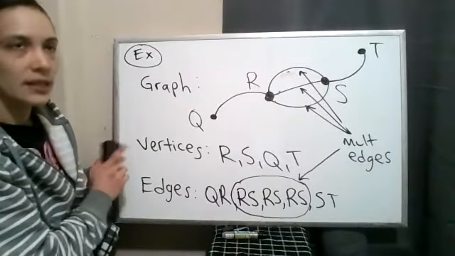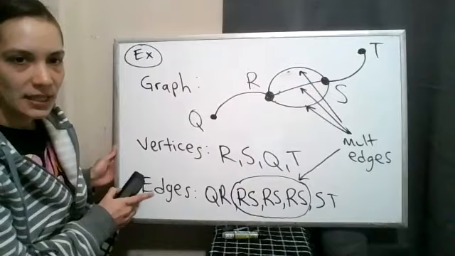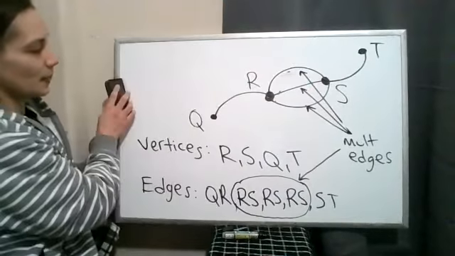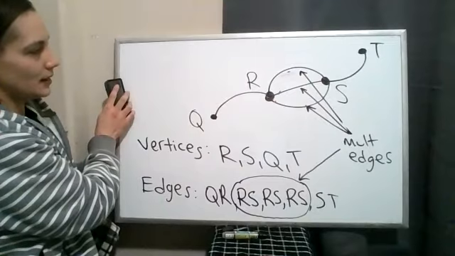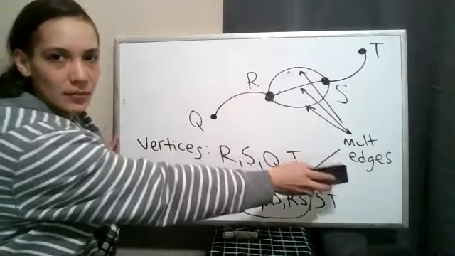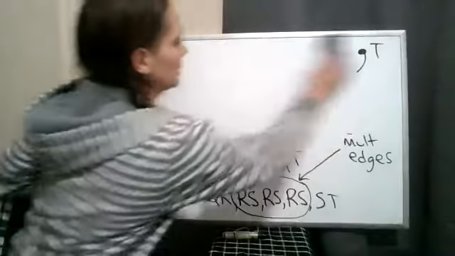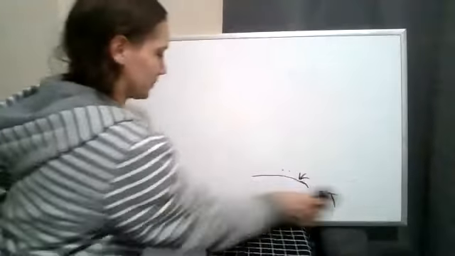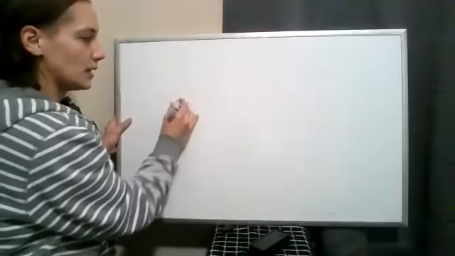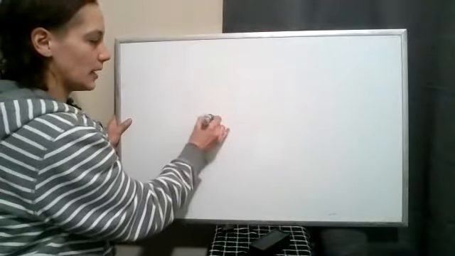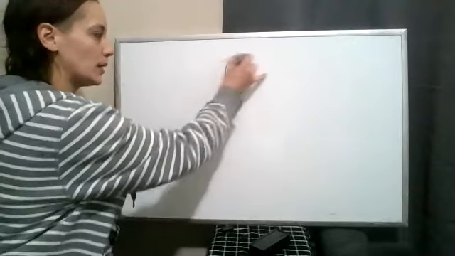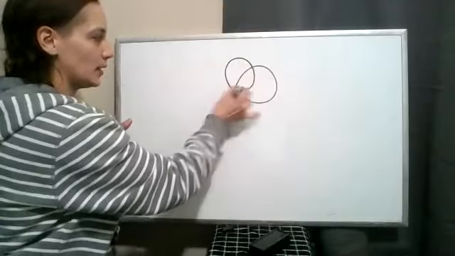I'm going to try to draw one that has loops and multiple edges and see how that looks. And by the way, this one doesn't have any loops, just that part right there. Okay. Let's go here and straight through there, and let's loop and loop, loop again.